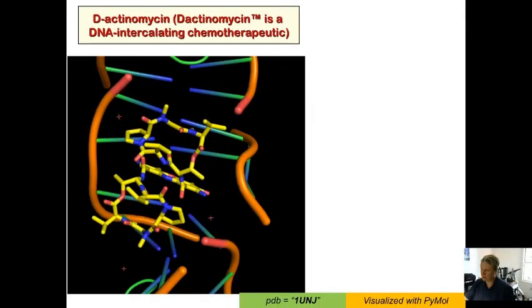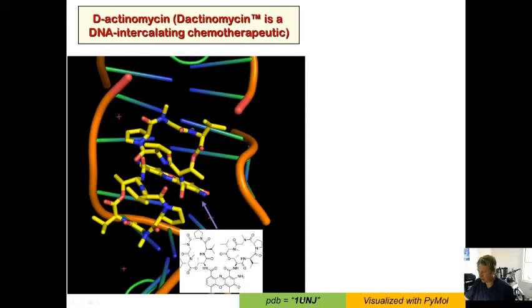Here's an example, and this is a DNA alpha helix. This is the drug, dactinomycin, that's snuck in there in a way that there's a planar portion that's really just intercalated, stuck into the DNA chain.